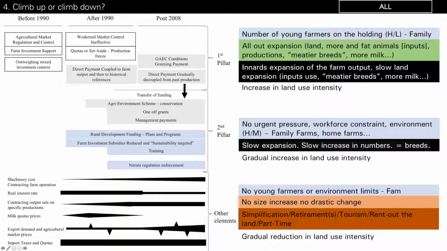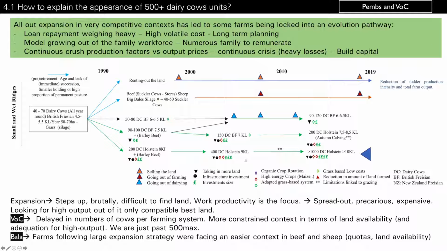For the two sides, we notice as well different impacts in terms of land use intensity, which are very important. So I'm going to try to show you some elements of this climb up or climb down, and the different parts that I can see are kind of important in today's landscape in Wales.